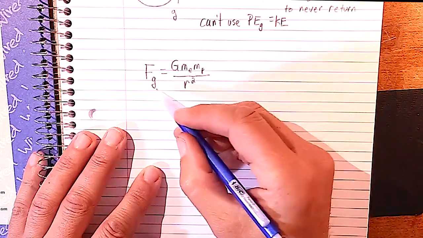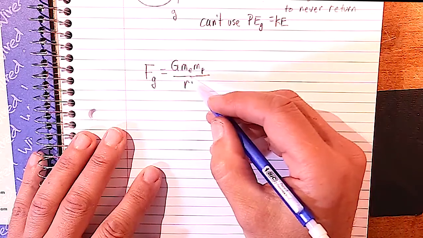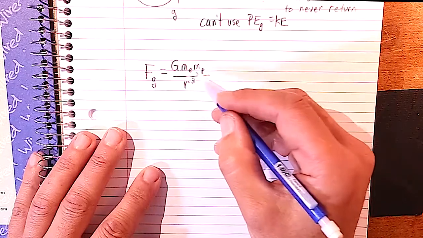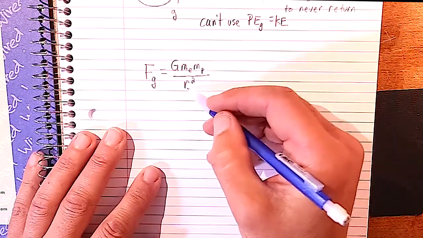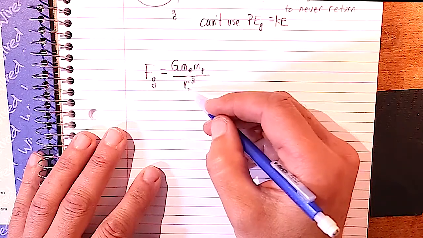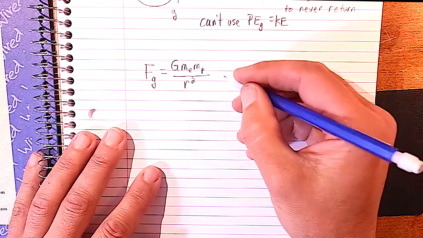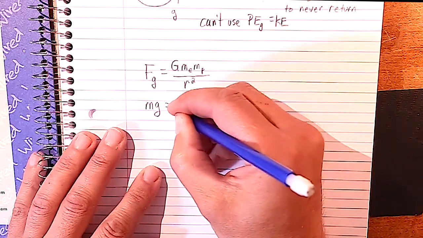So let's say we're looking for the force of gravity, and we're going to do this for the mass of the Earth and the mass of a person. So when the person is standing on the surface, they are 1 radii away.